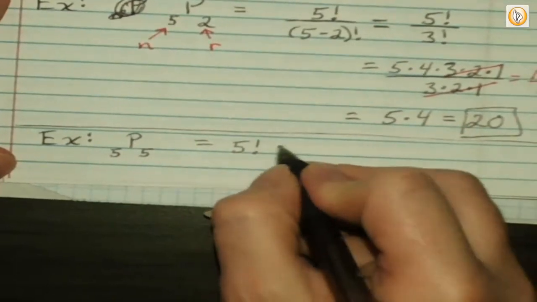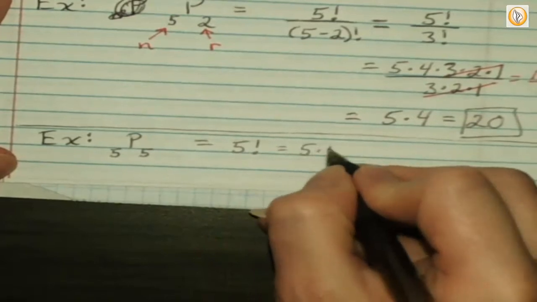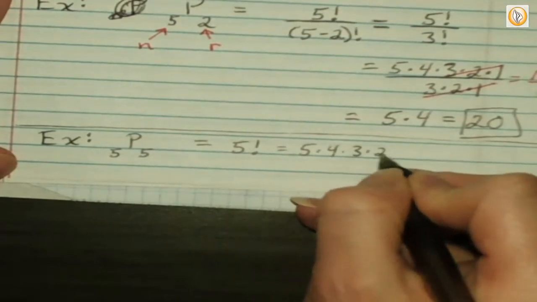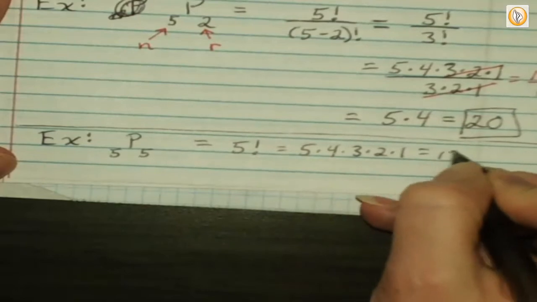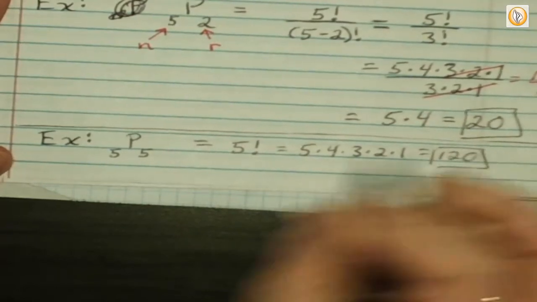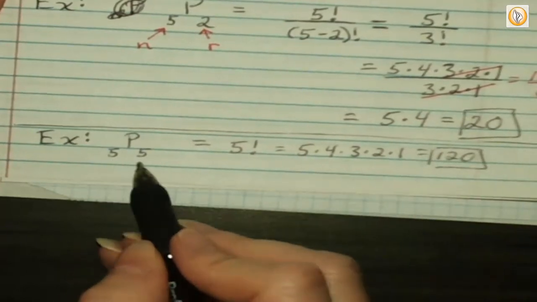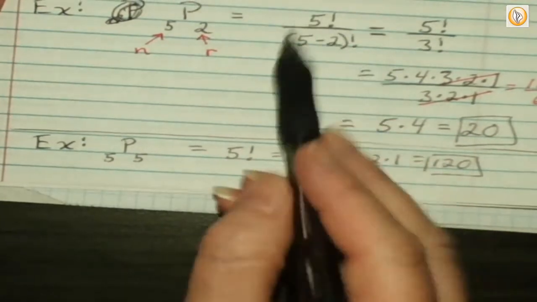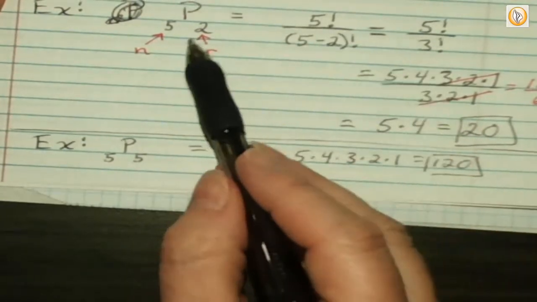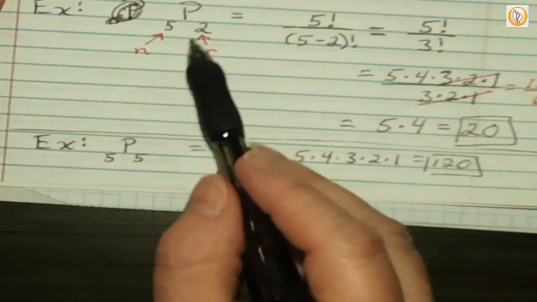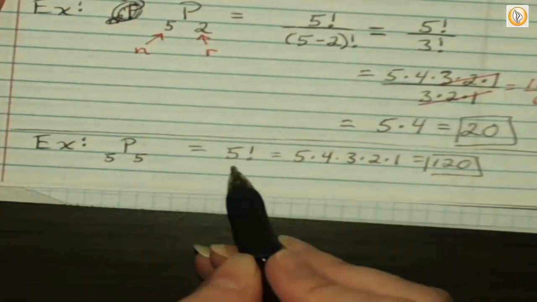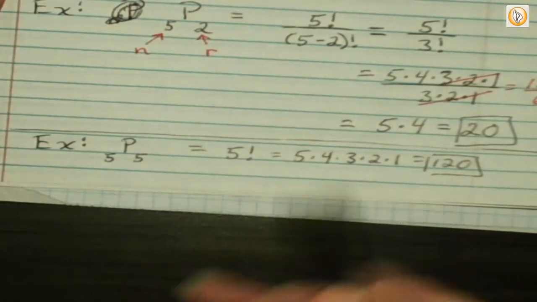It'd be 5 times 4 times 3 times 2 times 1, which is 120, we've already determined. So if ever the numbers are the same, you don't have to do all this work. You only have to do all of this work if the N and the R are different. If they're the same, it's just that number factorial and you work it out.